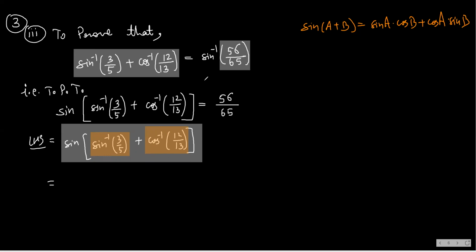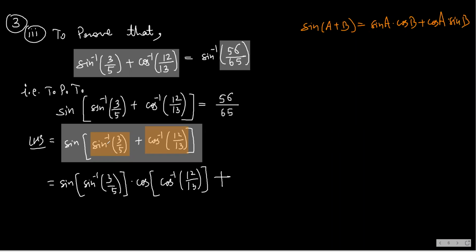So see what I have here: sine of sine inverse 3 by 5, sine a cos b, cos of cos inverse 12 by 13, now plus cos a and sine b, that is, cos of sine inverse 3 by 5 and sine of cos inverse 12 by 13.